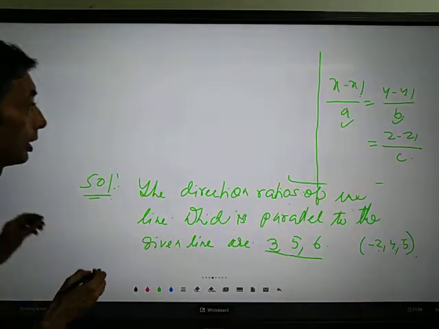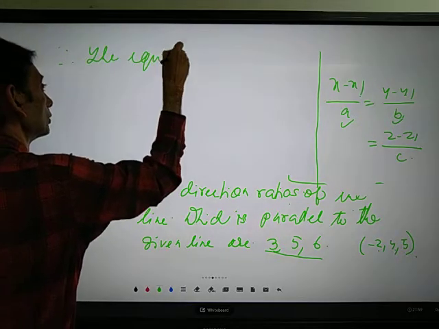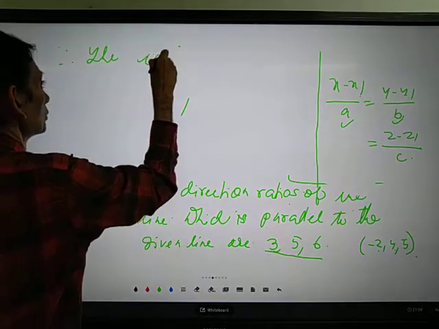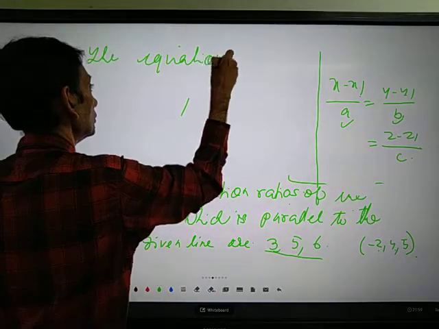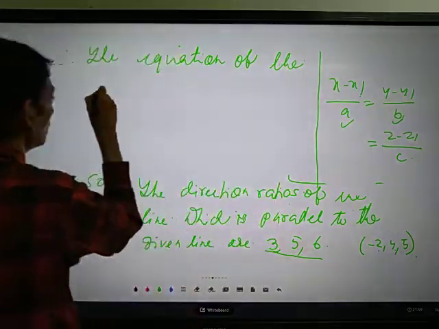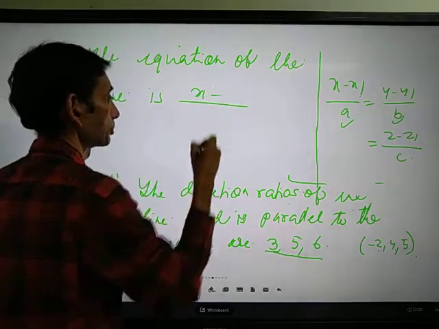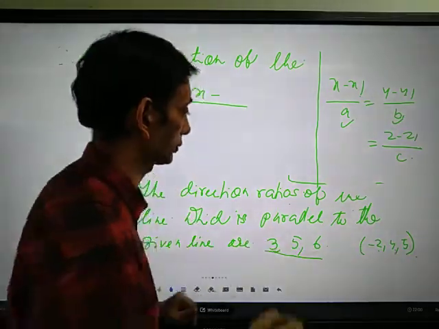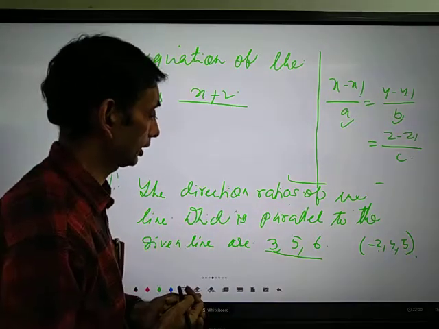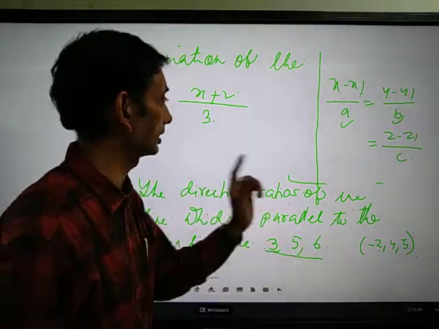So therefore the equation of the line is x minus x1. What is x1? -2. So x minus x1, this is minus minus, it will be plus. X minus x1 by a. What is a? This is 3. This is a, this is b, this is c. Okay?